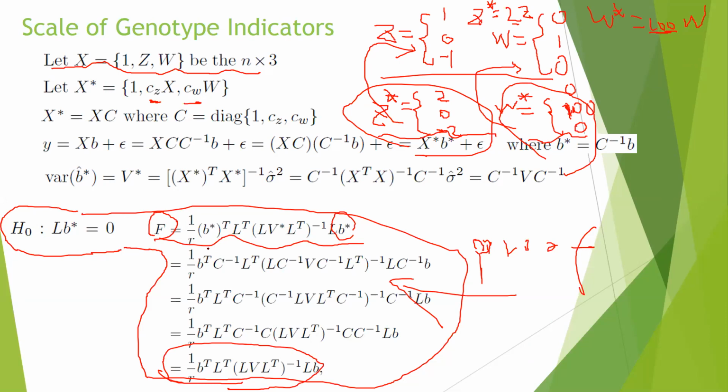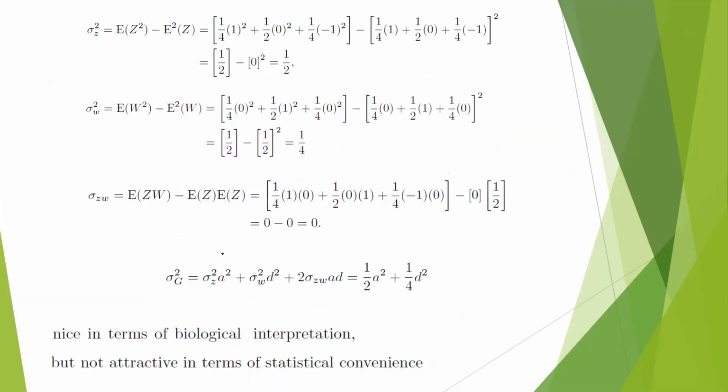Okay. Because there exists a linear association between the new variable and the original variable, right? So finally, you're going to get the same test statistic, so it will not change the conclusion. This is a beauty.